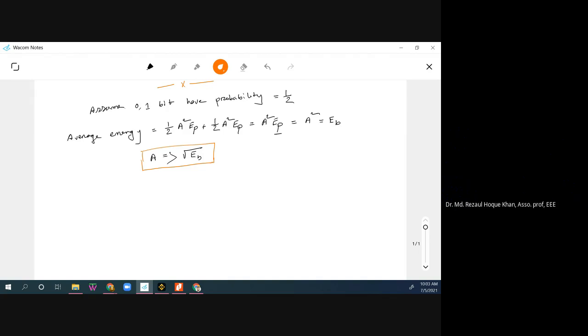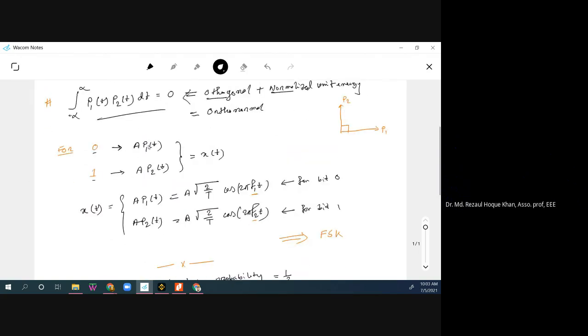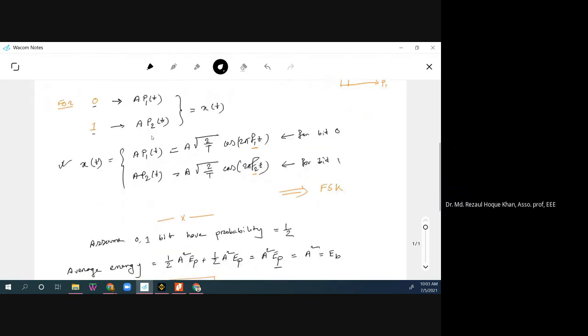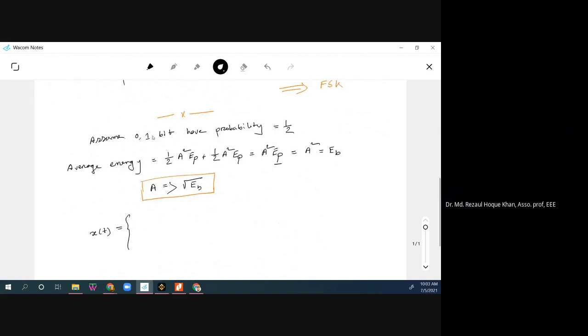So we can rewrite the signal x t as this one, by substituting EB.